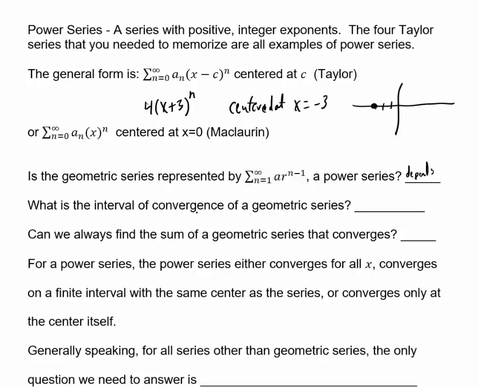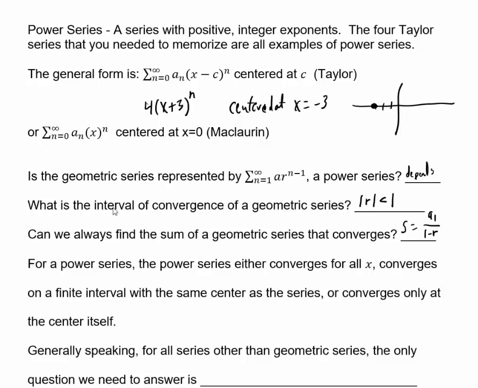So what is the interval of convergence of the geometric series? Well, remember, a geometric series converges when the absolute value of that ratio is less than 1. Can you always find the sum of a geometric series that converges? Yes, the sum is going to be this formula, which is a1 over 1 minus r. And remember, you can only use this formula when the absolute value of r is less than 1 and it actually converges. Don't try and use it when it diverges.